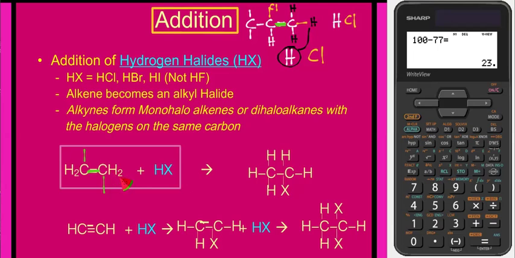It's a tie. So it does not matter where you put the H. You can put the H here and put the X here, or you could have done it vice versa, because it was a tie. None of them was rich with hydrogens. Now they give you another example, which we're picking up from here. Let's pick it up from the white box.